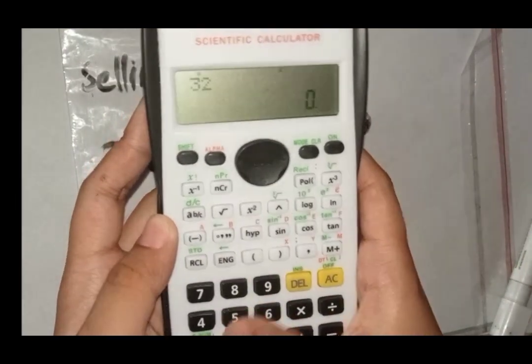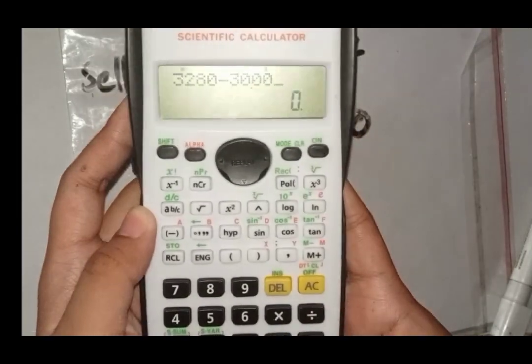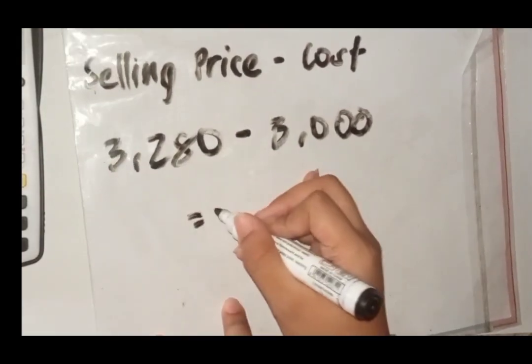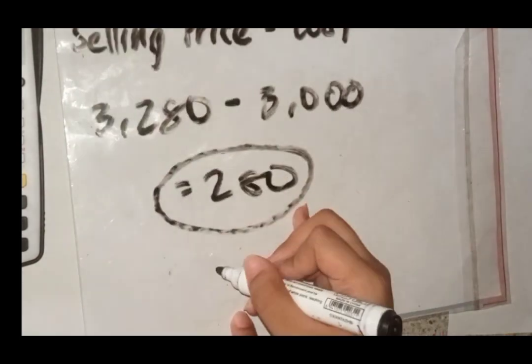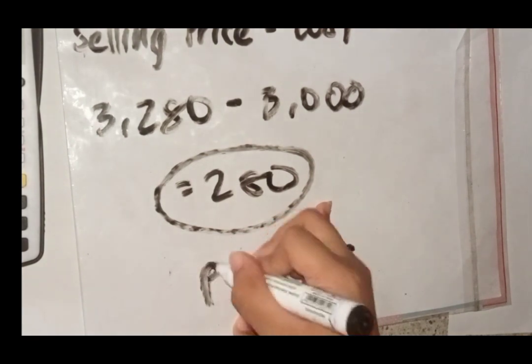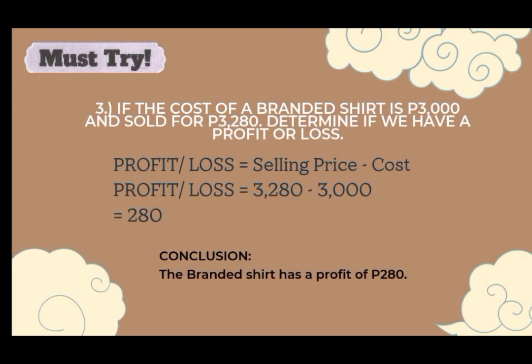Compute. 3,280 minus 3,000 is 280. So our answer is 280, and it is a profit. The answer is profit. The branded shirt has a profit of 280.